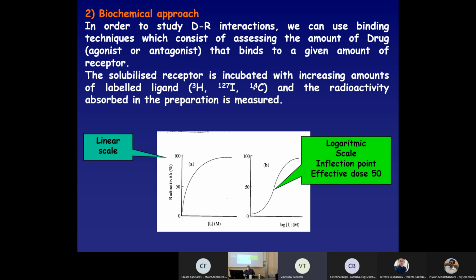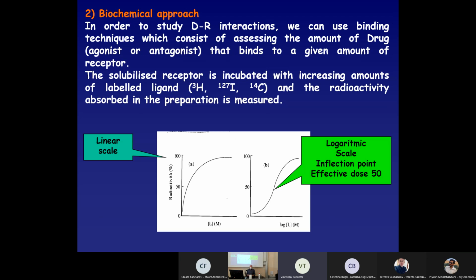We have to use radioactive compounds in lab, so we have to increase our attention during the workup because you know we use radioactive compounds. It's not so easy to use this type of compounds, of atoms.